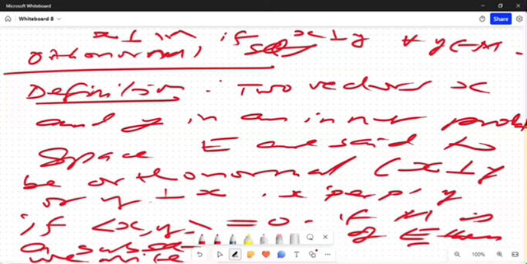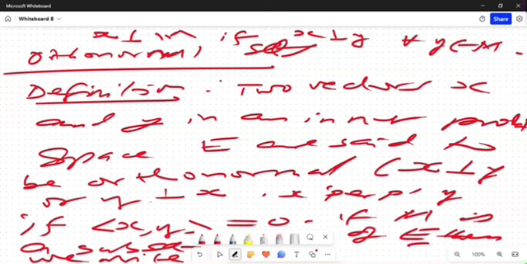Now, if M is a subset of E, I'm sure you know what E is, the inner product space, then we write that x pap M. For x to pap M means that if you pick up any y in M, x will pap that.